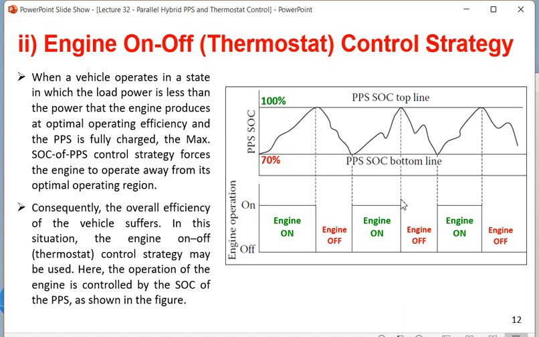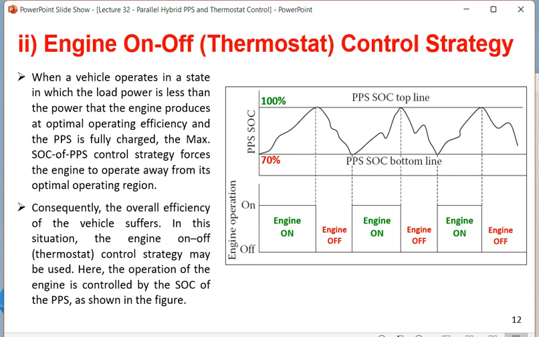So when a vehicle operates in a state in which the load power is less than the power that the engine produces at optimal operating efficiency and the PPS is fully charged, max SOC PPS control strategy forces the engine to operate away from its optimal operating region.